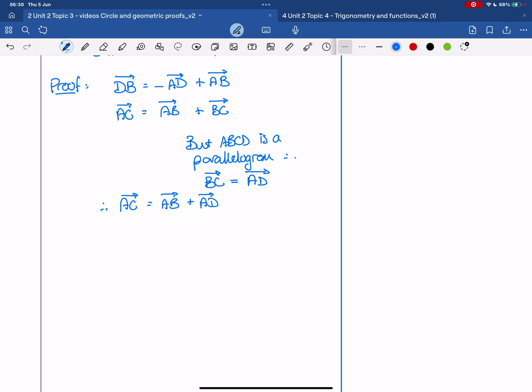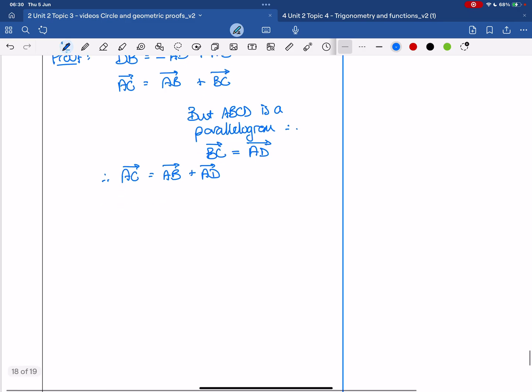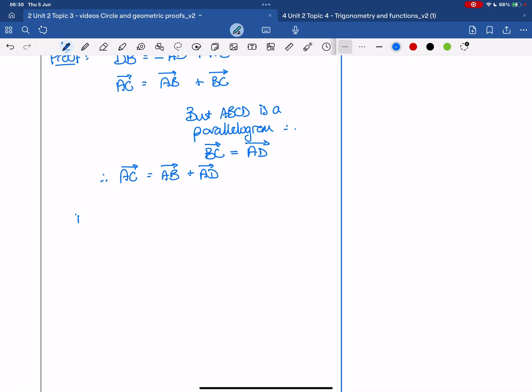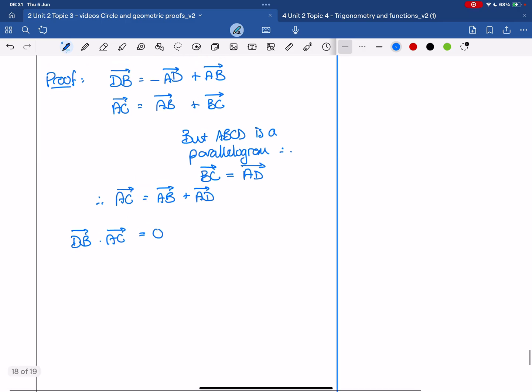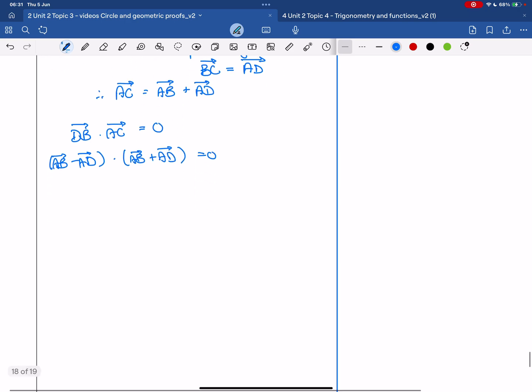All right, let's have a look at our dot product between DB and AC. So DB dotted with AC, we've already said is equal to 0. So this means that I have AB minus AD dotted with AB plus AD is equal to 0. And I can expand that.